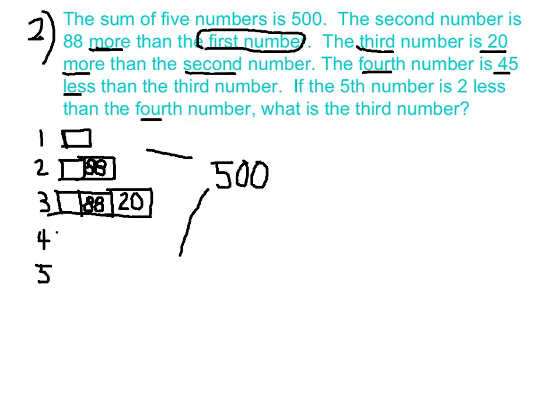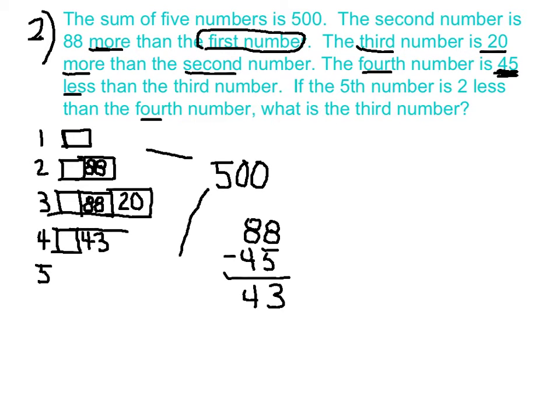So I've got this 88 in that third number. I think I'll go change that 88 and make it 45 less. So that means that's 43. So we have the same as number 1 plus 43 instead of 88. And then of course we have the 20.